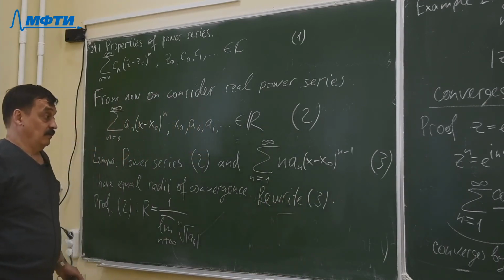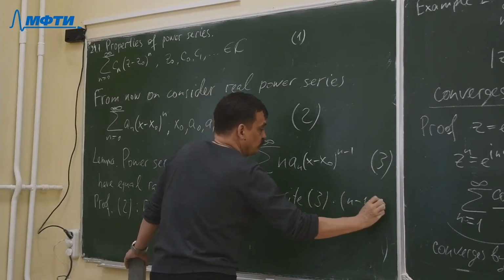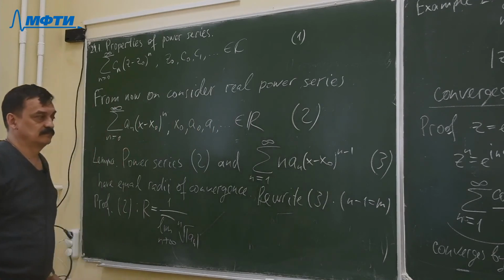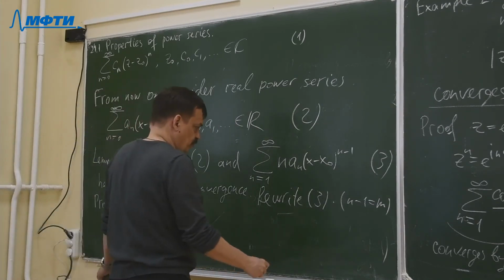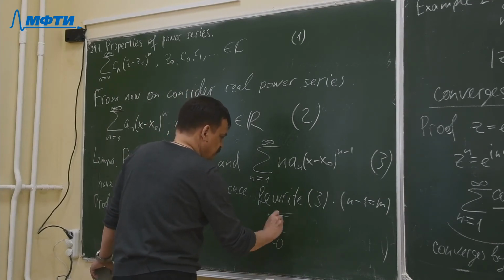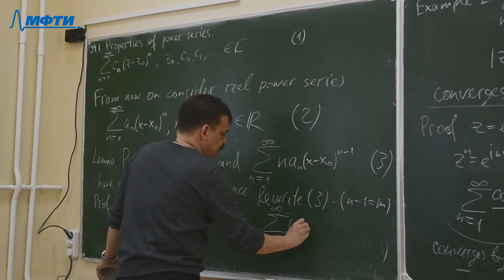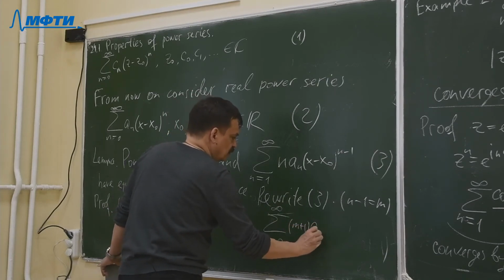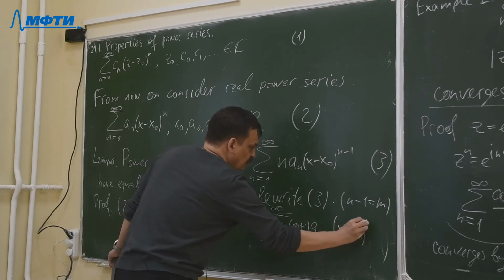How? Just replace n minus 1 by m, to make it a normal power series, that is, the sum m from 0 up to infinity of (m plus 1) a_{m plus 1} (x minus x naught) to the power m, right?